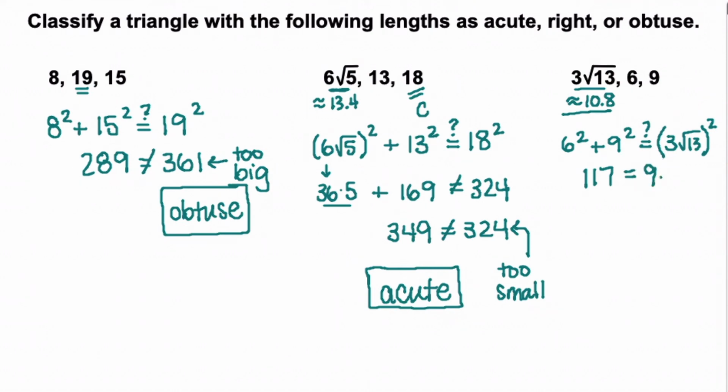And the square root of 13 squared is 13. 9 times 13 is 117. And so we actually finally got one where the a squared plus the b squared equals the c squared, so we know that is a right triangle. So we're using the converse of the Pythagorean theorem to tell us if we have a right triangle. We can also use it to tell if our triangle is acute or obtuse.